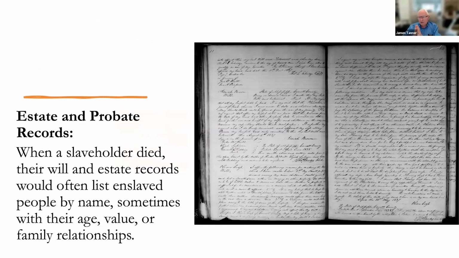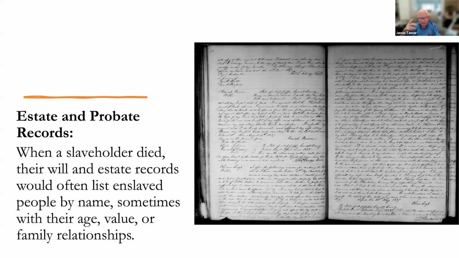And now I'm going to go through some of the records and show you what they look like. In other words, the types of records that are now going to be searchable and available through full text search. First of all, and probably most important, are the probate records.